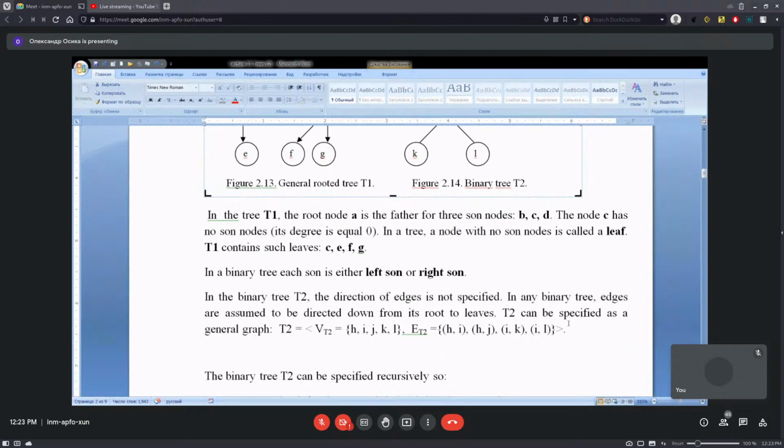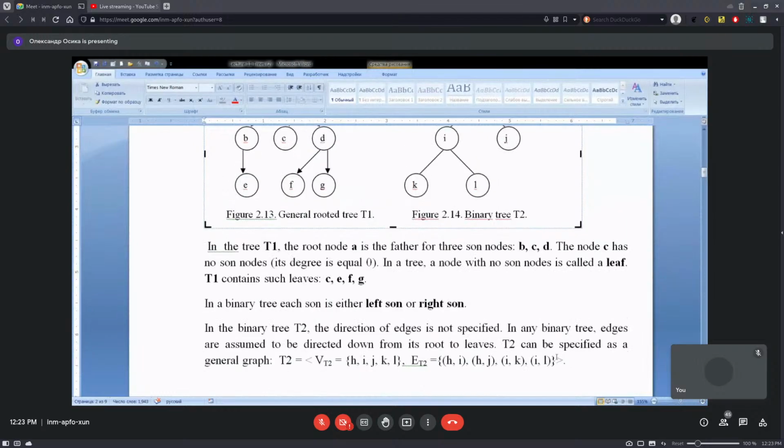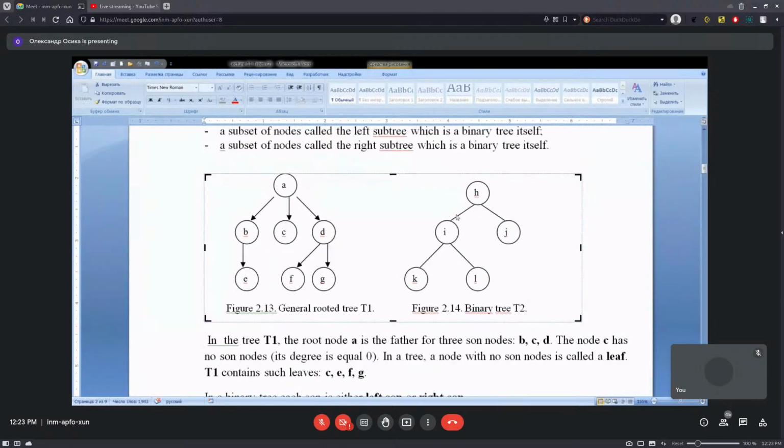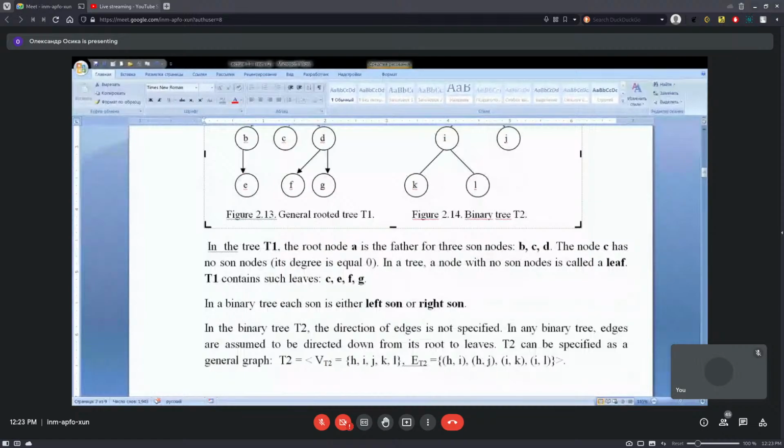T2 can be specified as a general graph also. T2: set of vertices, here 5, and set of edges, H sub I, H sub J, I sub K, a set of edges.